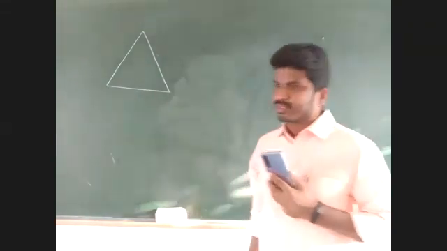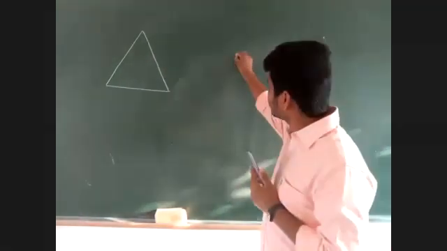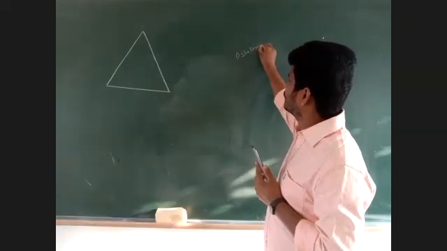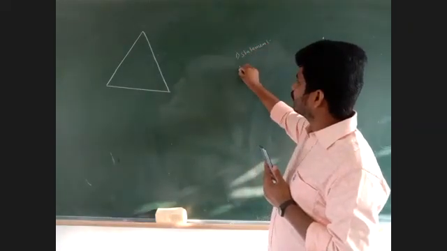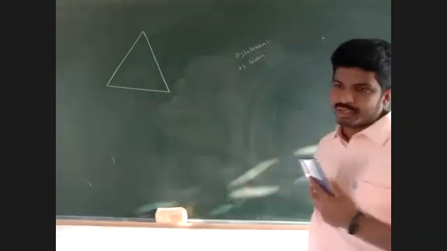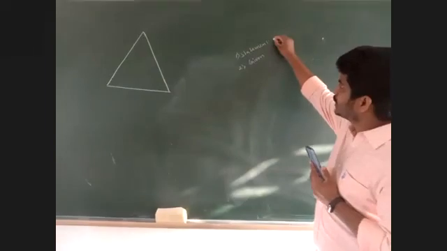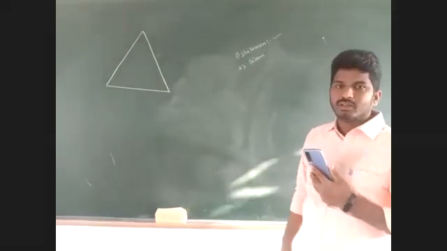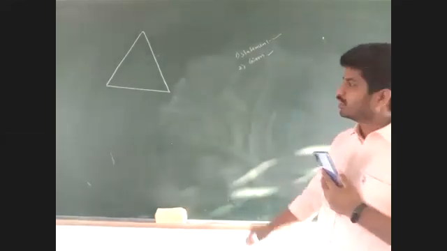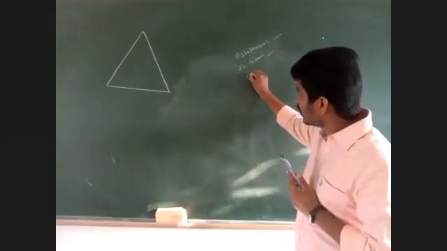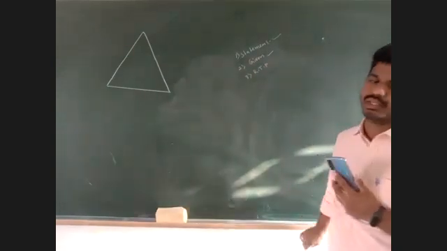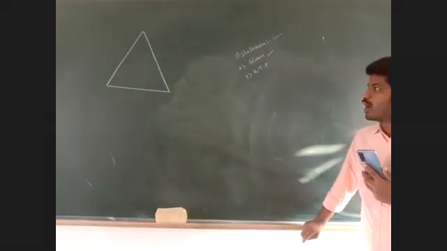First, you should write the statement of the theorem. Afterwards, you should write the given conditions. Then you should write the RTP, required to prove, what we should prove in this theorem.